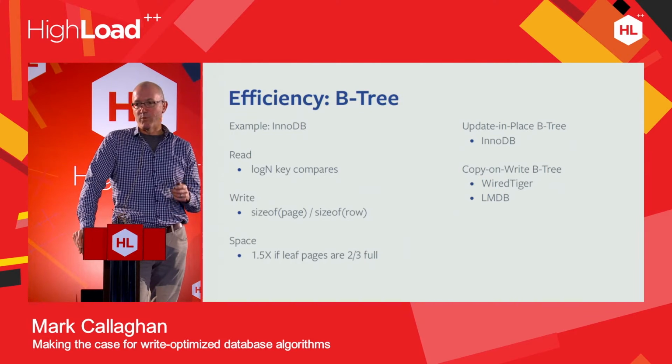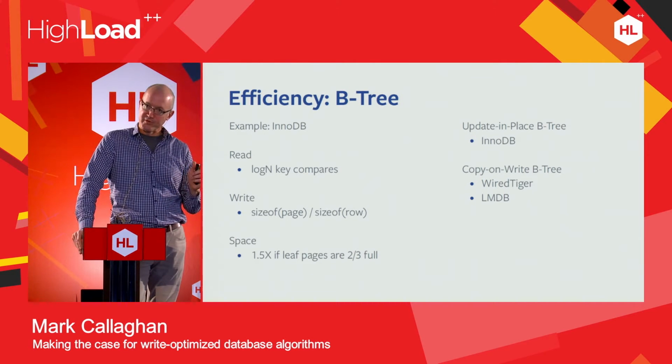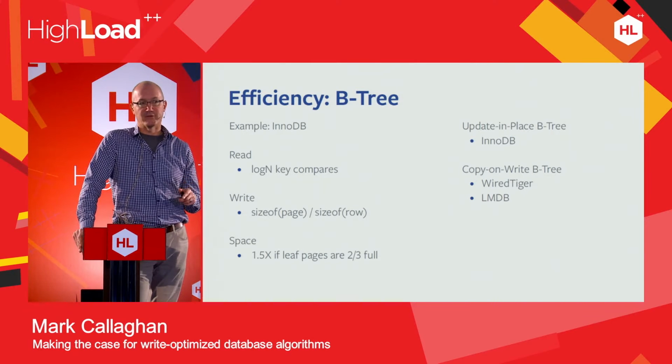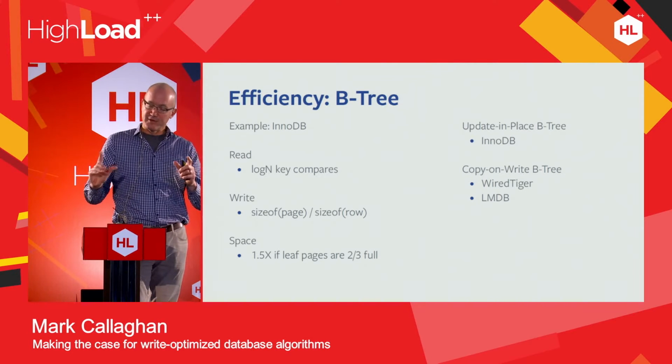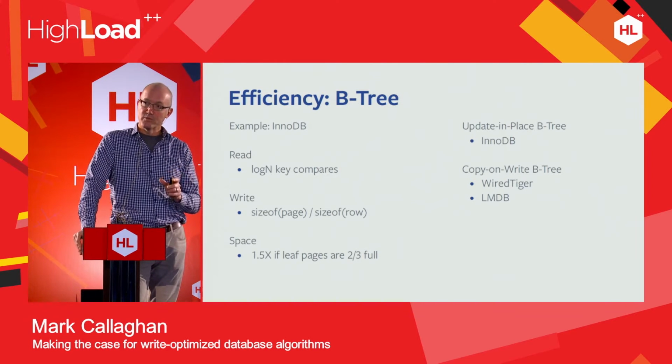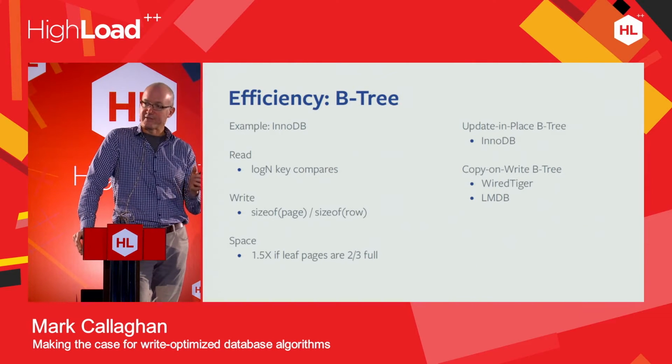And a big reason why is persistence in the B-tree comes from writing back dirty pages. So the worst case for write amplification is when a dirty page is written back with only 1 dirty row. The ratio of the size of the page to the size of the row is the worst case for write amplification.